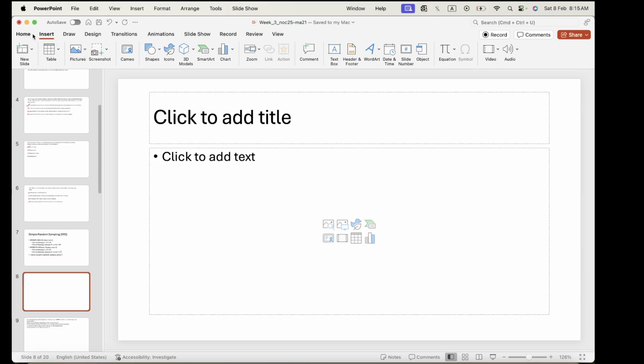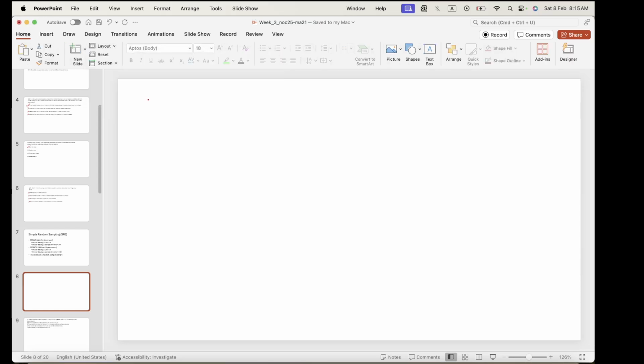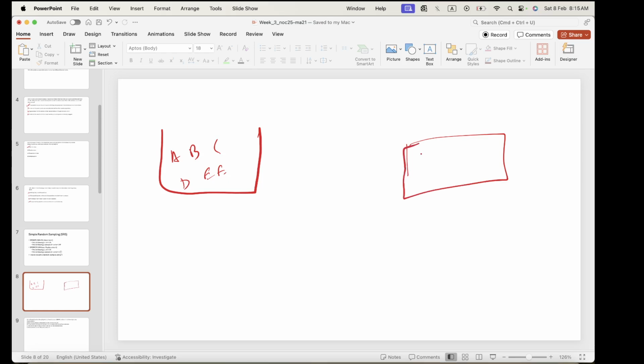Let's say I am playing a certain game where I have alphabets here, A, B, C, D, E, F, something like this. And you also have a sheet. It's similar to Housey. I don't know if you have played that.